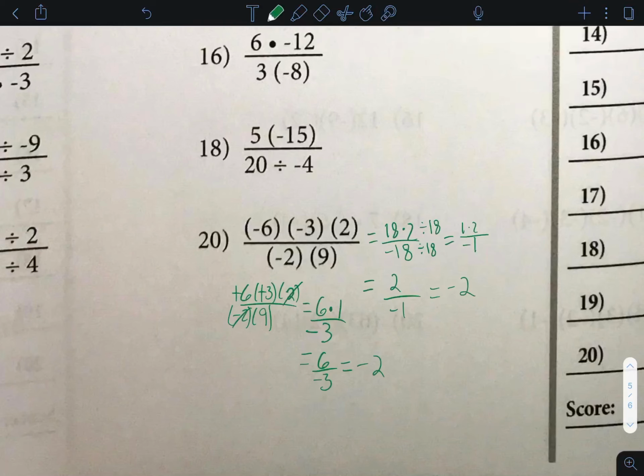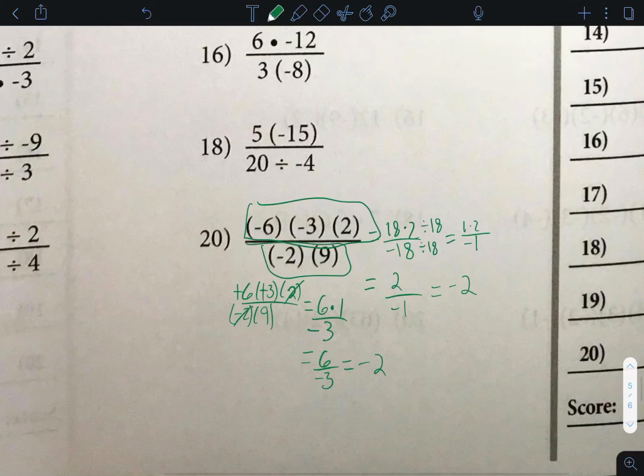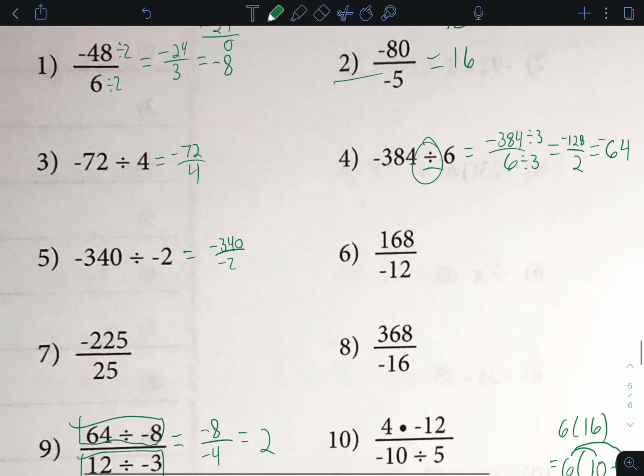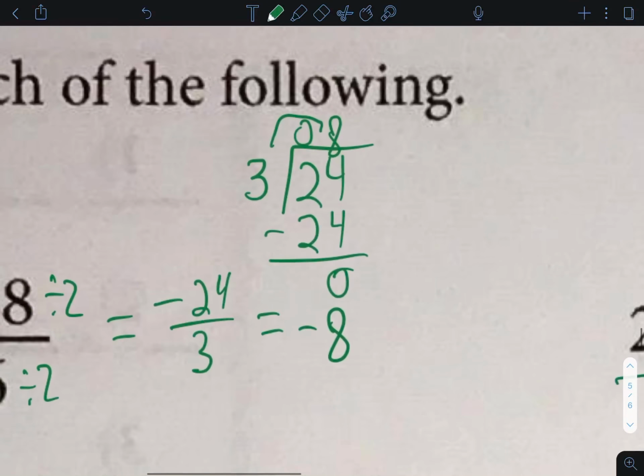So that shows you that you could do all of these with long division. I could have multiplied all 3 of these top numbers and then multiplied the bottom numbers and then divided them the same way that I did the first question up here with that 3 and 24.